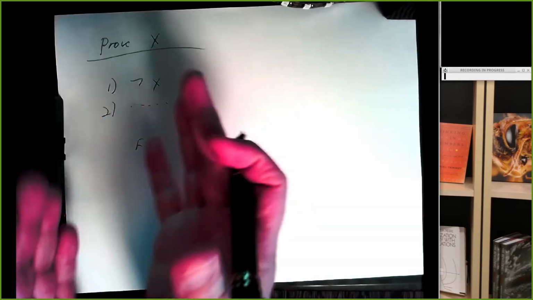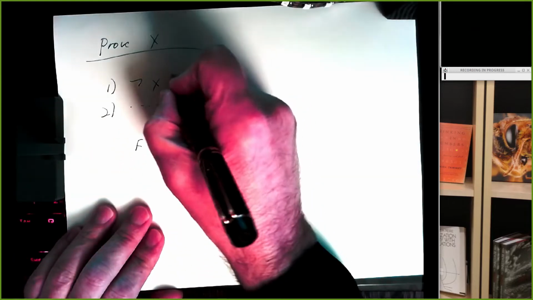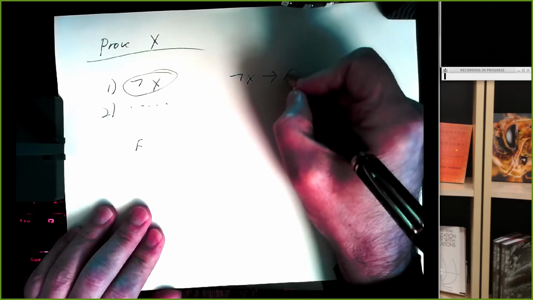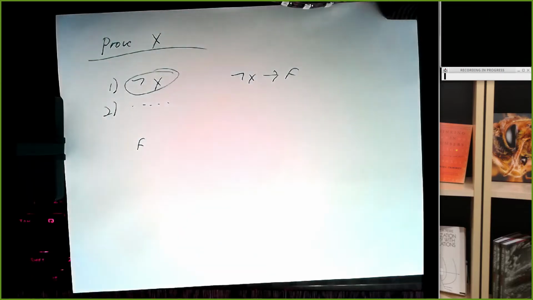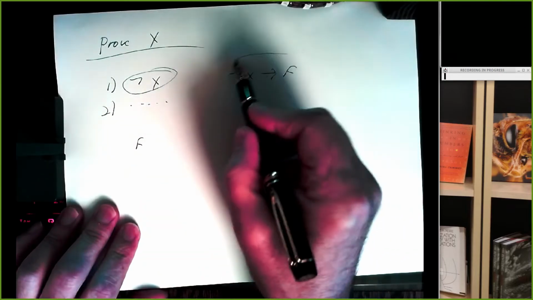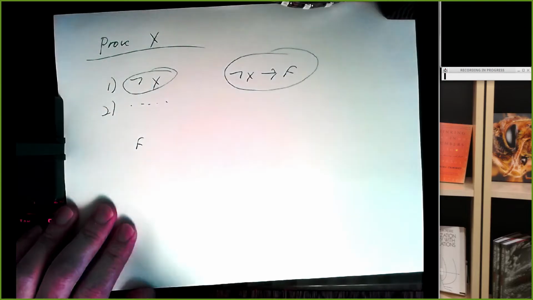What this proof demonstrates is that if we assume not x, we can prove false. So an indirect proof is actually a direct proof of this proposition, that the negation of x implies false.